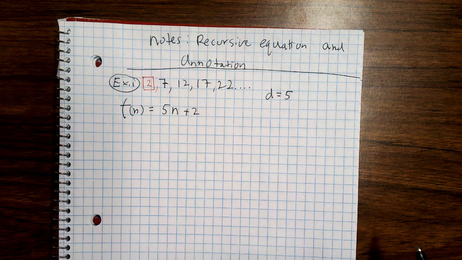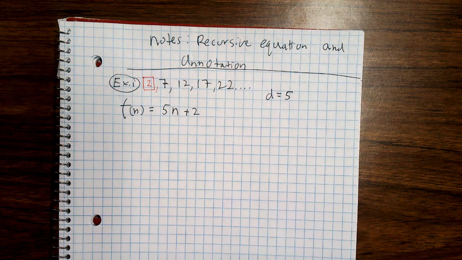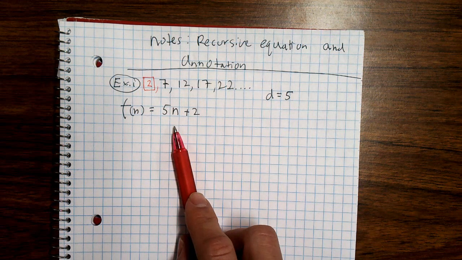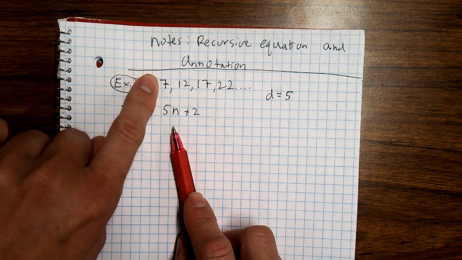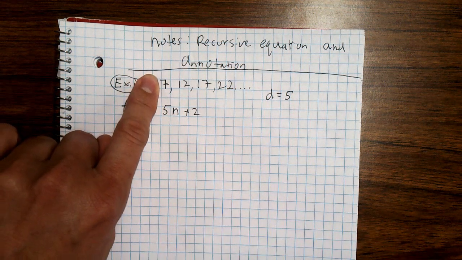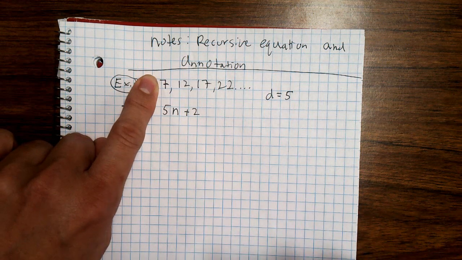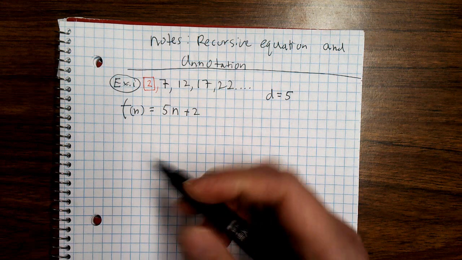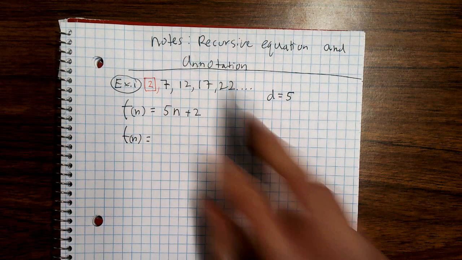Now, we'll do a recursive in a second, but there's actually another way to write an explicit equation. The reason is because, again, in a sequence there is no such thing as a zeroth term. So without the zeroth term, how do you write that without the 2? Let me show you guys quickly. There's another way of writing it, and this is a annotation way.